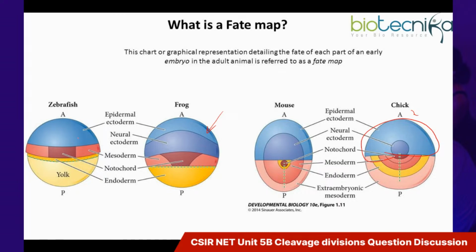In zebrafish, only a part of the top becomes the ectoderm. The yellow part becomes the endoderm, from which we get the gut tube and parts of the digestive system. The red color portions are called mesoderm, meaning some middle layer will be there. Now if you can see here for chick, it is like this.